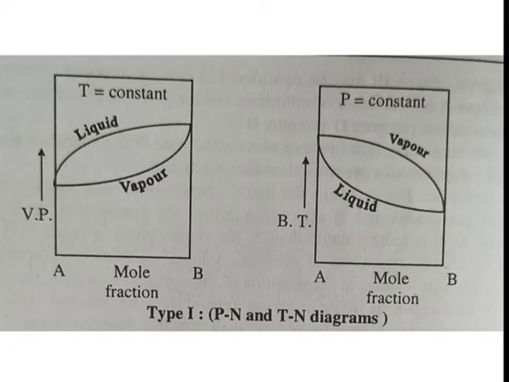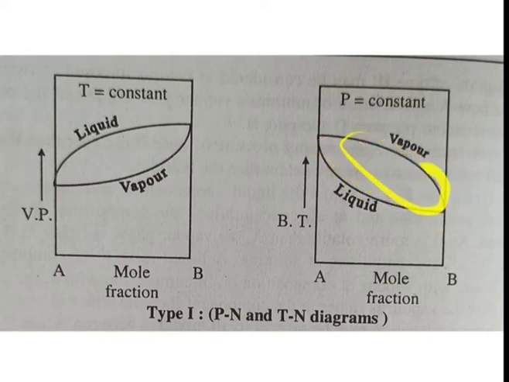Now, in the same way you can draw the diagram, but instead of vapor pressure you can write the temperature. This temperature versus mole fraction diagram is like this. Here on the y-axis temperature is there, on the x-axis mole fraction is there, and the diagram is like this.